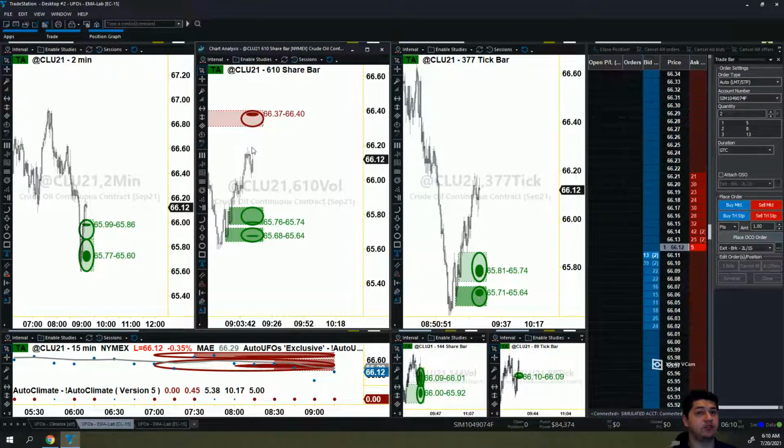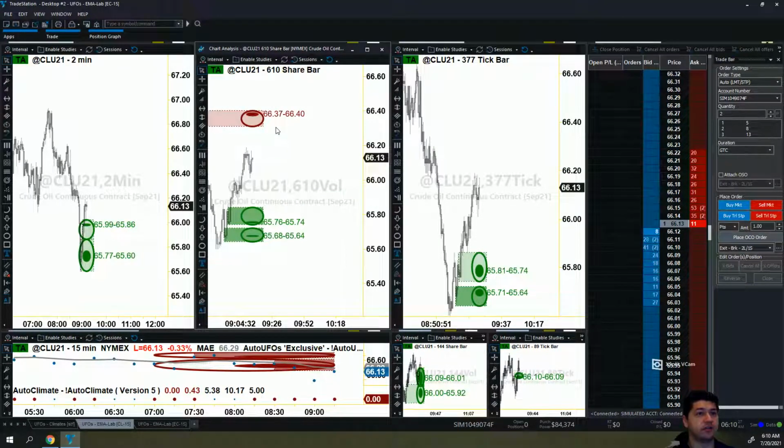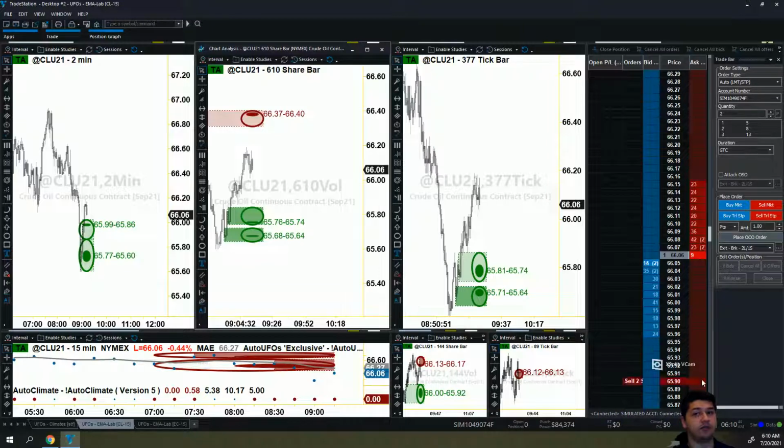It didn't, which, as of right now, is actually looking pretty good for this 66.31. I'm not just trying to guess at things. This is at 66.31, the 9 exponential moving average at 66.29. So if this were to pop another 10-15 cents, it's going to be right in the middle of this UFO, as long as it happens in the next 5 minutes or so, because the climate is 15 minutes here and it'll update this moving average, so it may push it down a little too much, and then it won't work out.